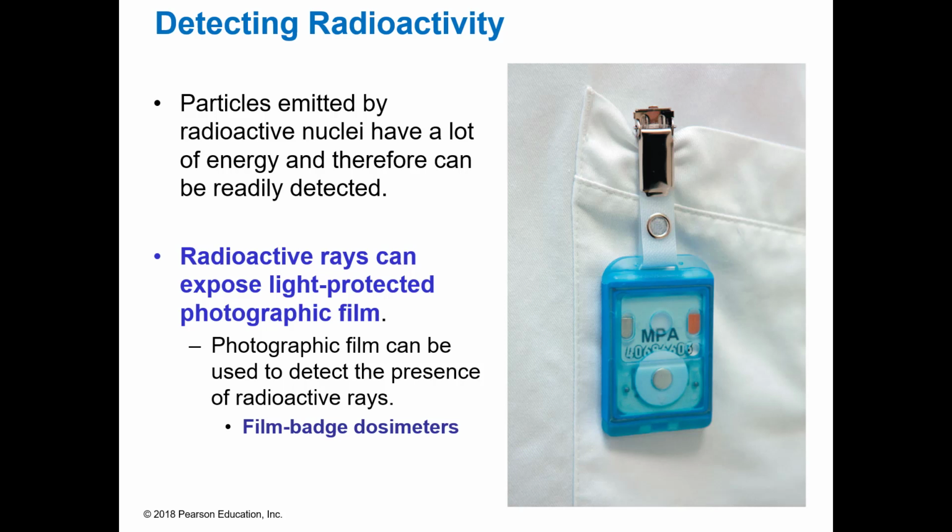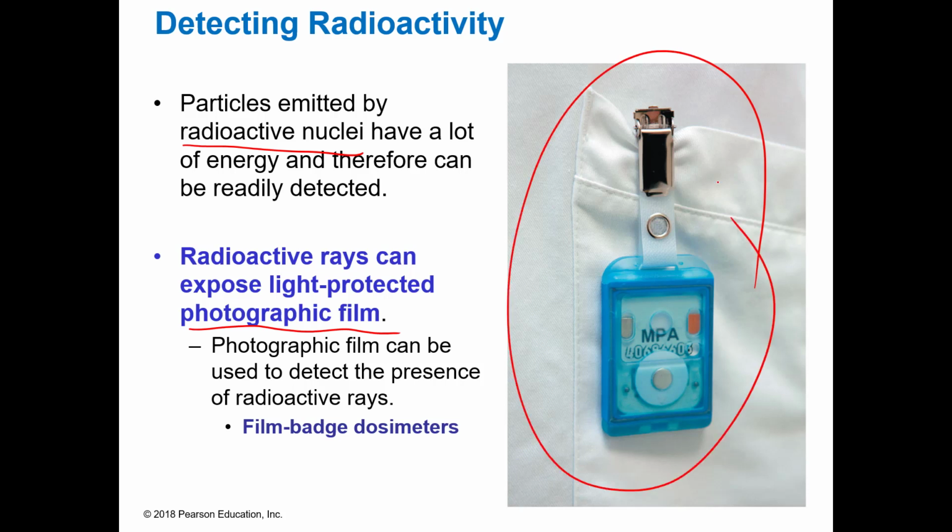Particles that are emitted by these radioactive nuclides have a lot of energy, and we can detect that energy in several different ways. One way is photographic film, which works a little like an X-ray. This can be used to detect the radioactive rays, and you'll see these a lot in hospitals and labs. This is called a film badge dosimeter.